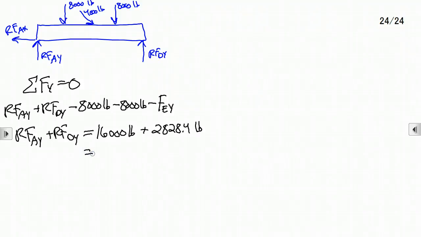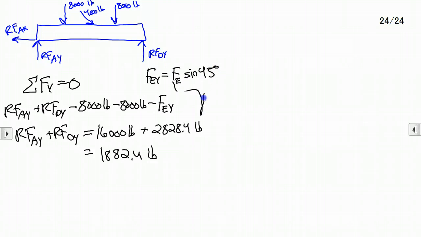So that would be 16,000 plus 2828.4 equals 18,828.4 pounds. And then FEY equals FE sine of 45 degrees. And that's where that came from, just in case you're wondering.